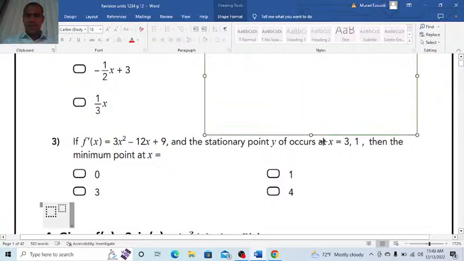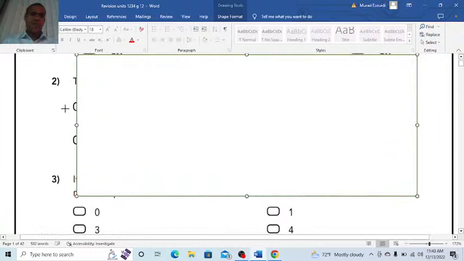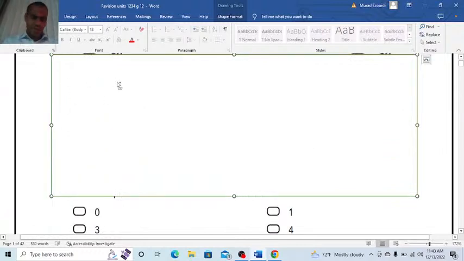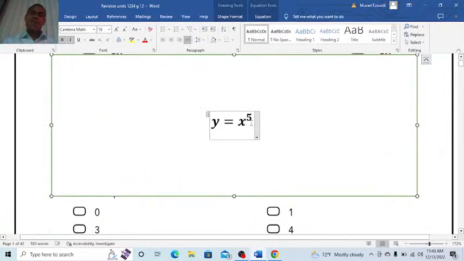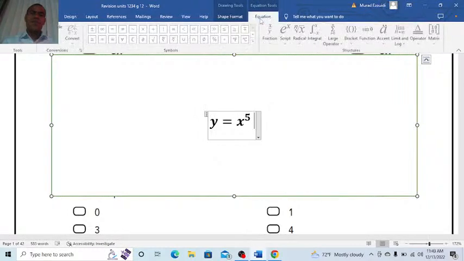Now I will try to solve this question. My learners, y equals x to the power 5. The question is to find the first derivative of x to the power 5.